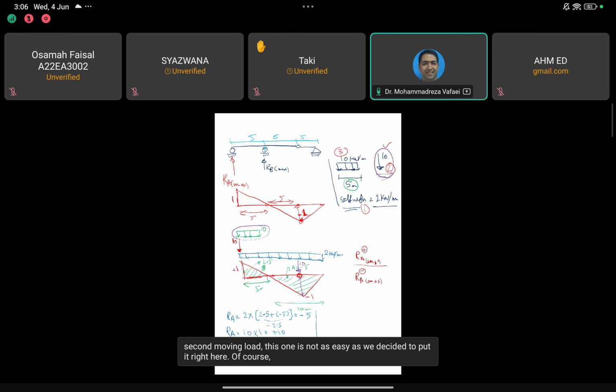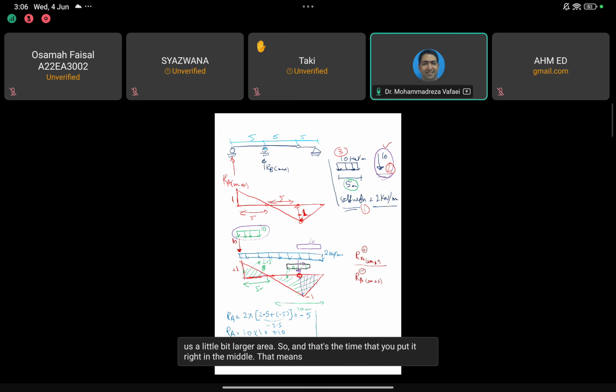Of course, one option is to put that 10 to this side and calculate this area and multiply it by the intensity, right? This is one option. But we have another option that may give us a little bit larger area. That's the time that you put it right in the middle.